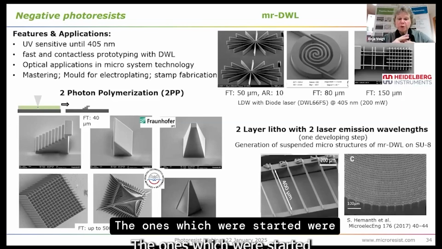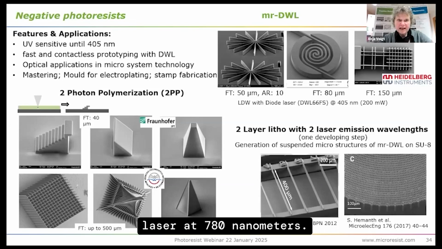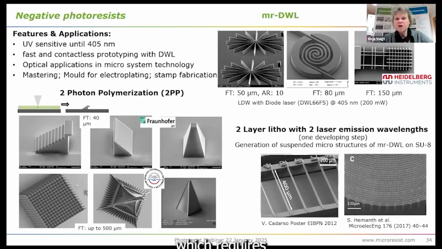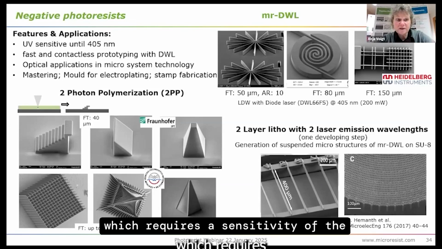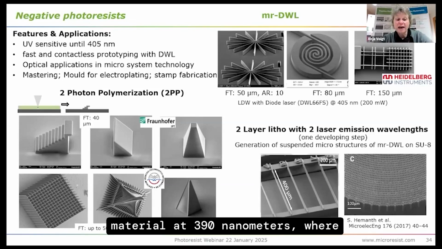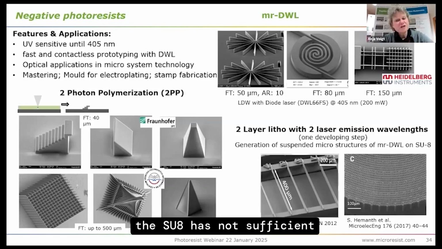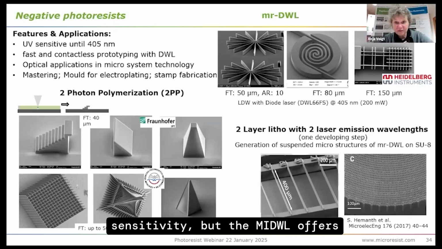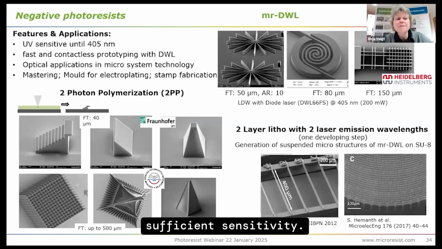The ones who started were Nanoscribe, having a femtosecond laser at 780 nanometers, which requires a sensitivity of the material at 390 nanometers, where the SU-8 has not sufficient sensitivity, but the mr-DWL offers sufficient sensitivity.